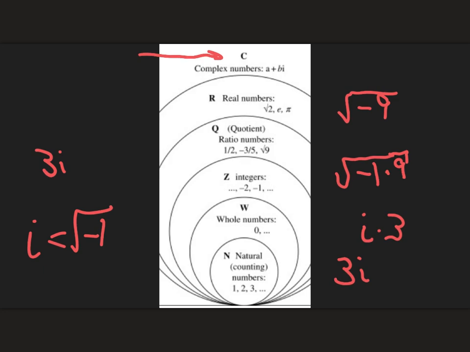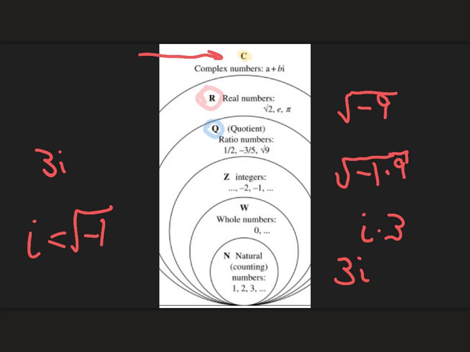Now, also what we need to say is look at these letters next to the number systems. The complex numbers are indicated by a C. So whenever you see C, this identifies our complex numbers. Real numbers are indicated by the letter R. Rational numbers are indicated by the letter Q for quotient.